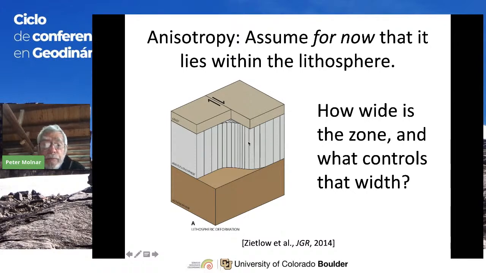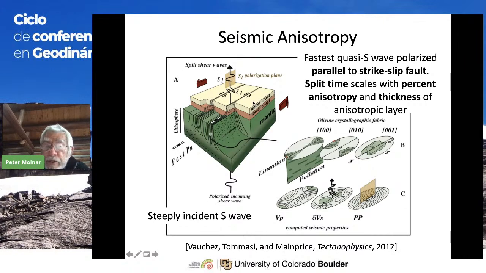And I remind you, from this cartoon, if you have strike-slip faulting and sufficient slip, the strain in a region underneath where the deformation is continuous, in that case, the P wave will propagate fastest parallel to the strike-slip faults, and the S wave, the polarization of the S wave coming up, will be fastest polarized parallel to this.